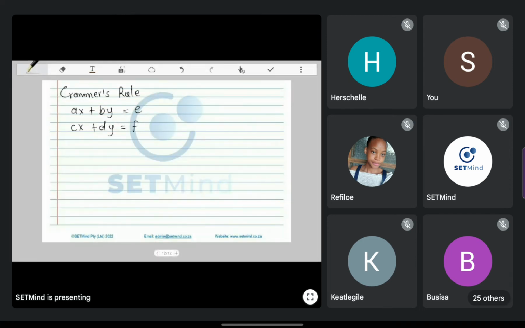You can write this in matrix form as AB, CD, then x, y, and on the other side of the equal sign, you have E and F. That's what we had previously.